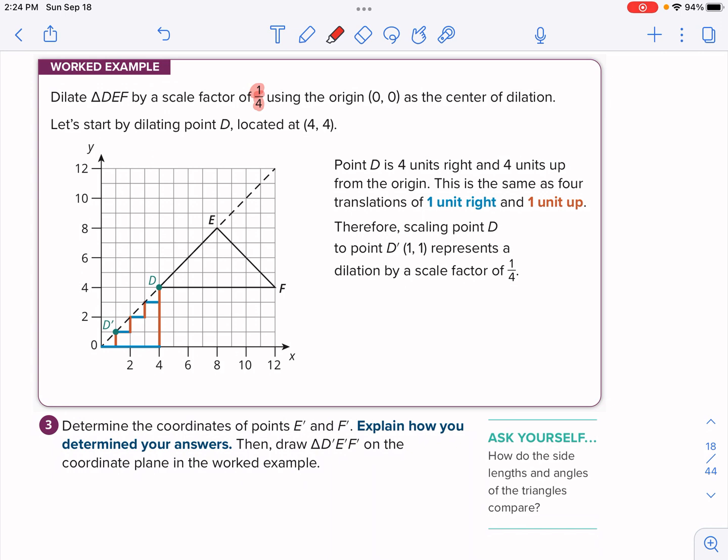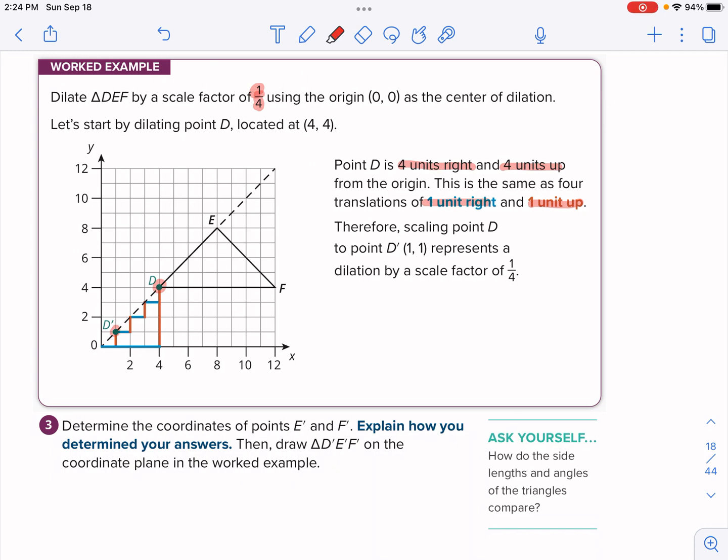So they started at the point 4, 4 here, which is D. And instead of going 4 right and 4 up, they went 1 right and 1 up, meaning they reduced it. They divided it. They had to do some calculation. They got the point of going 1 right, 1 up, which is right here for D prime.